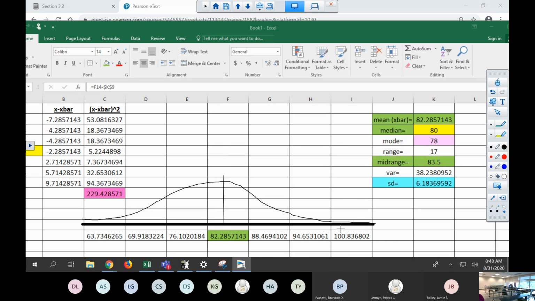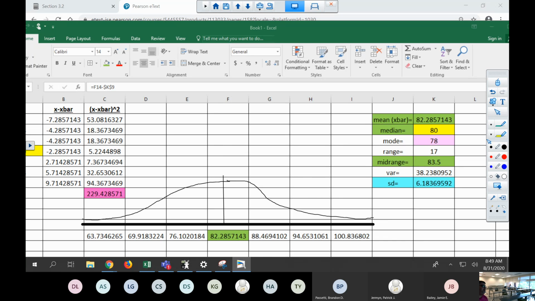Everybody with me? Let's see if I can do a little better representation here. There. It's not much better, but it's better. Okay, there's the normal curve.